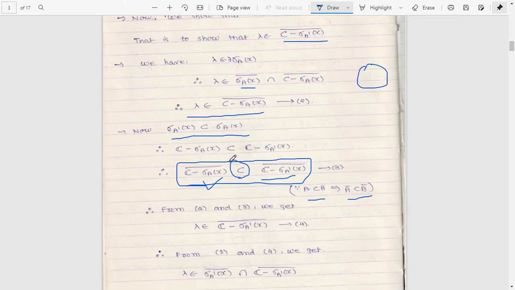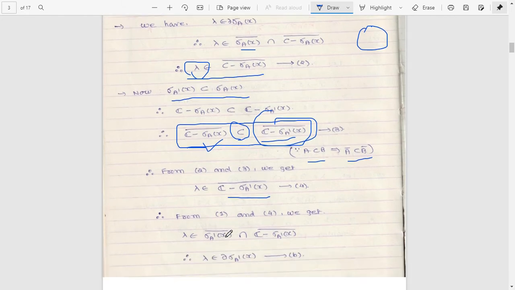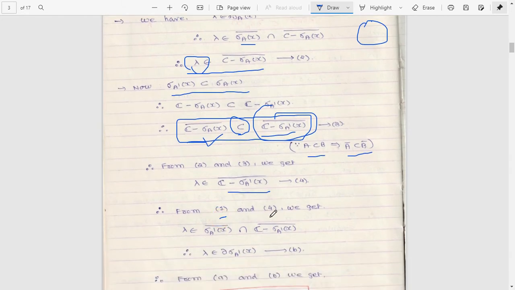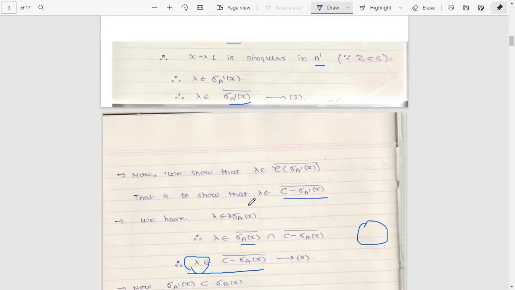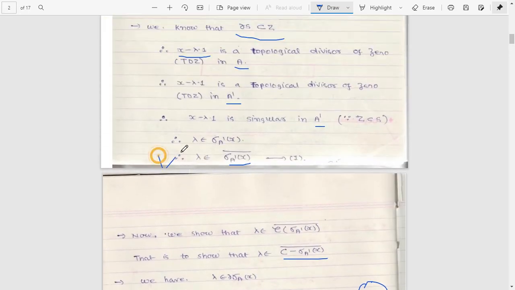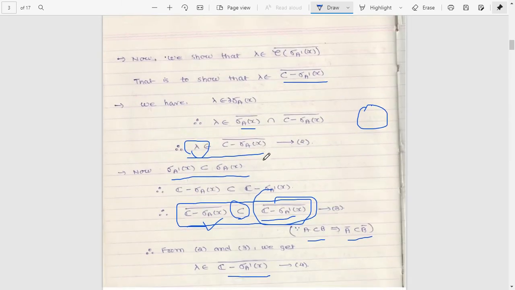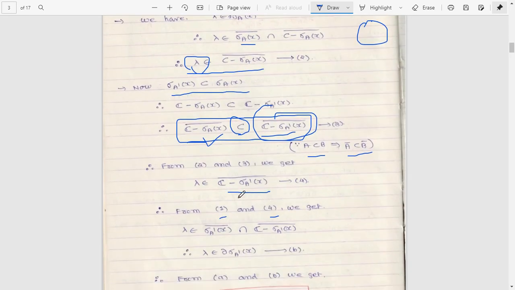So lambda belongs to this. Lambda belongs to closure of C minus sigma A dash of x. Equation number 4. From equation number 1 and 4: equation number 1, lambda belongs to closure of sigma A dash of x and lambda belongs to closure of C minus sigma A dash of x.